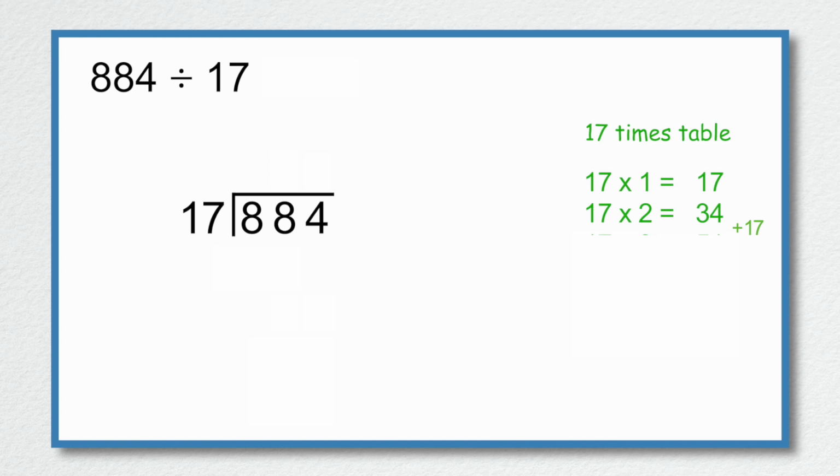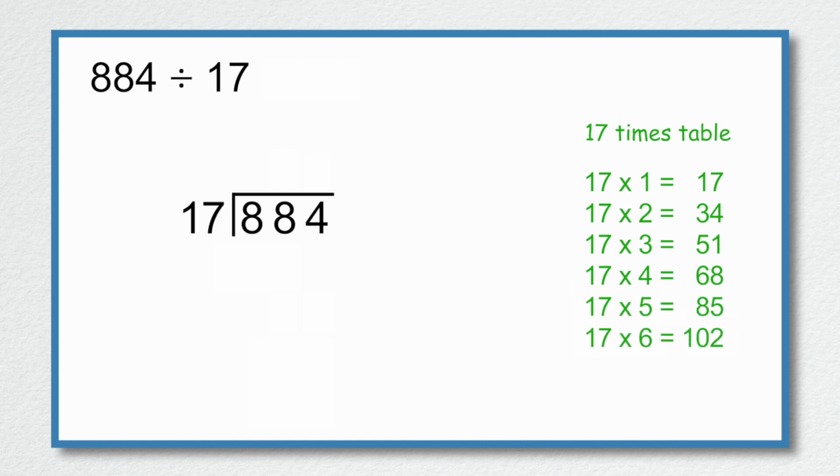And then you add 17 to get 17 multiplied by 3, which is equal to 51, and so on. I've gone up to 17 multiplied by 6, which is equal to 102. You could have done less, you could have done more. I just happened to choose 17 multiplied by 6. And let's see if that's enough for this problem.